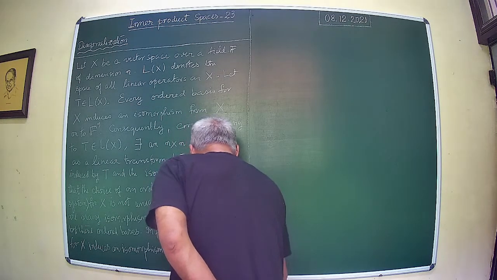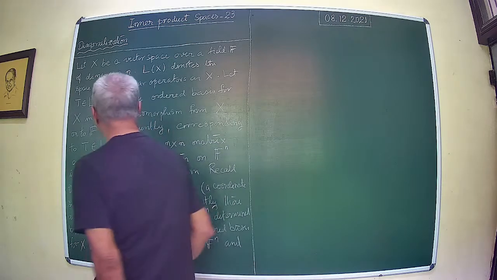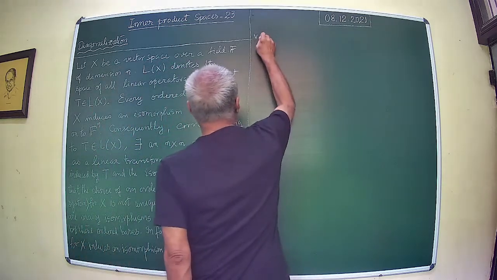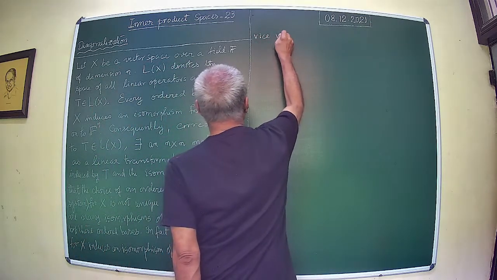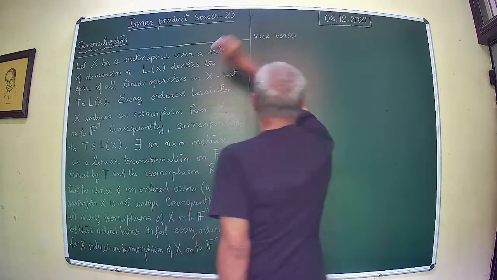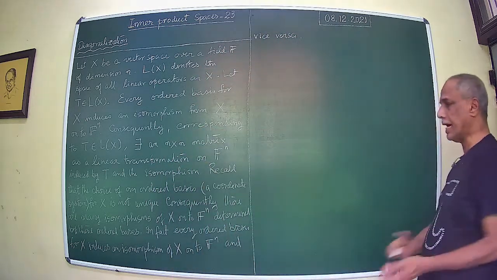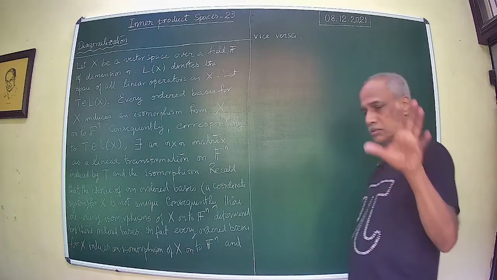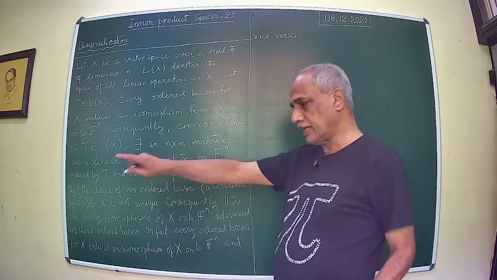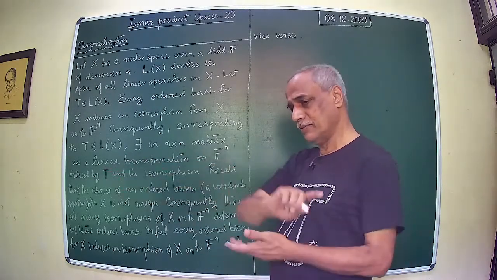So an ordered basis gives an isomorphism, and vice versa.